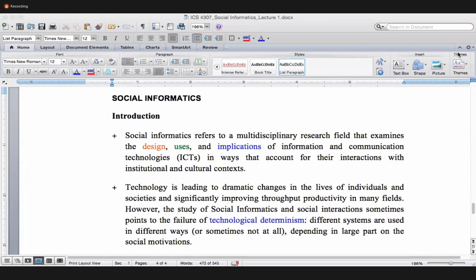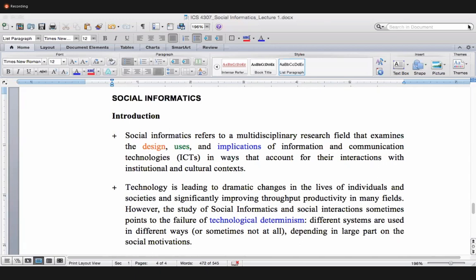Some will do it as a whole program. But in our case here, we are doing it as a unit. And that means, therefore, we'll not go into all the aspects of the program called social informatics, but we will understand broadly what social informatics is.